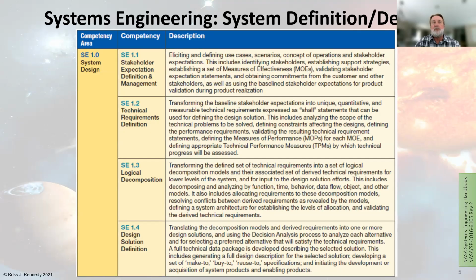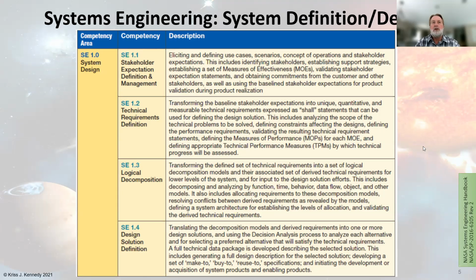The next step is really about logical decomposition, transforming the technical requirements and the user and stakeholder expectations into a functional logical decomposition, looking at the lower levels of detail and how those are broken out by analyzing the function, time, behavior, data flow, the objects, and other models.